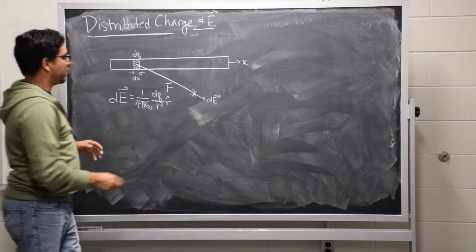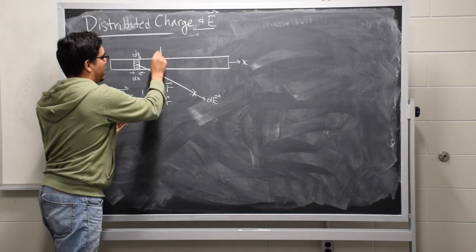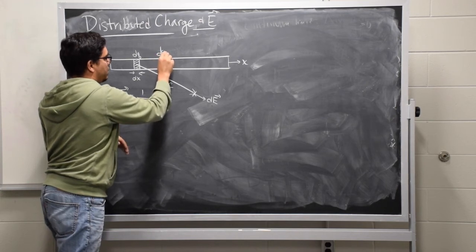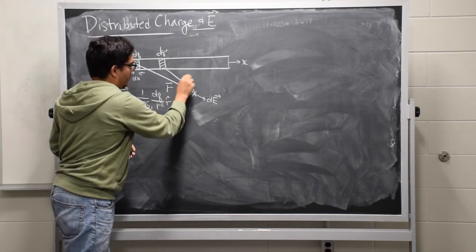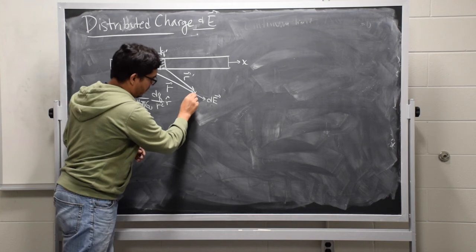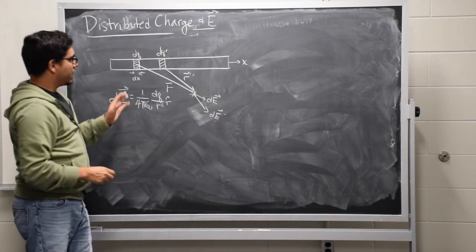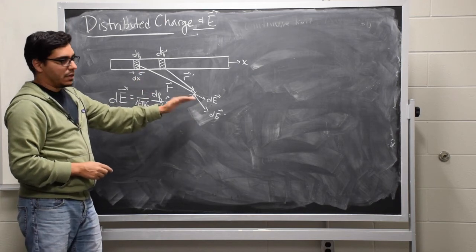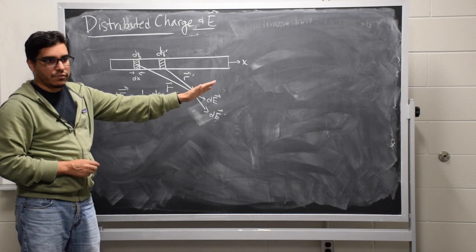Then we move along and pick a new chunk, which may have a different amount. Let's call it dq prime. Now we're at a distance r prime, and it contributes an electric field. It's closer, so maybe it's bigger, dE prime. We would have to add up dE and dE prime along with all the other contributions along the way to figure out what the total electric field is.